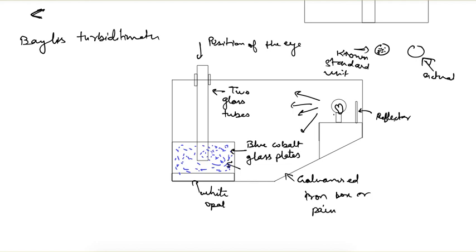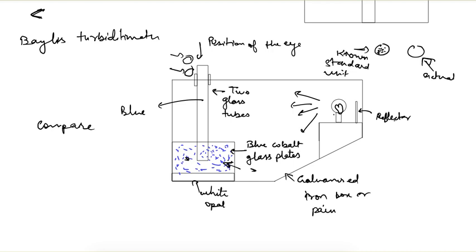Now we keep these two samples side by side and place them in these blue cobalt glass plates. As you turn on the bulb, this blue cobalt glass will light up, and because of this blue color, the water will also turn blue. Now you can compare the blue color of the two tubes and tell whether the turbidity is the same or not.